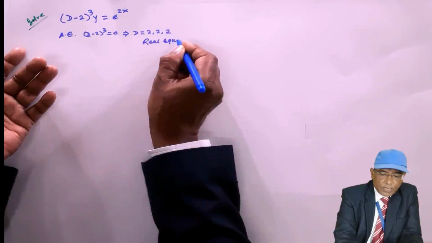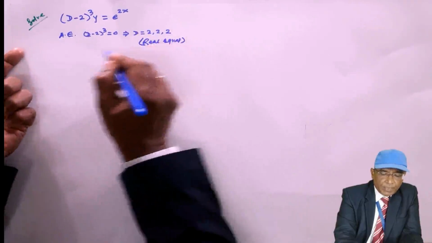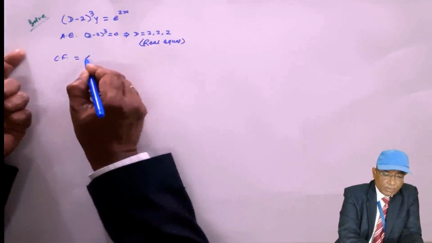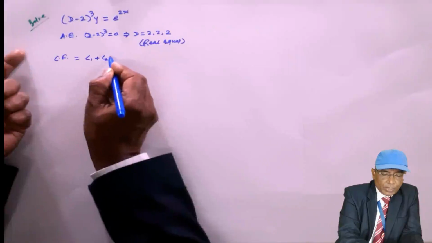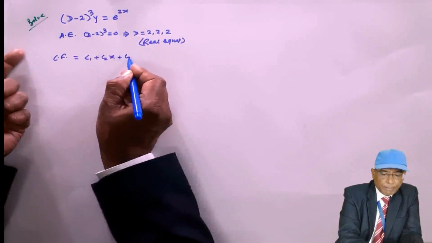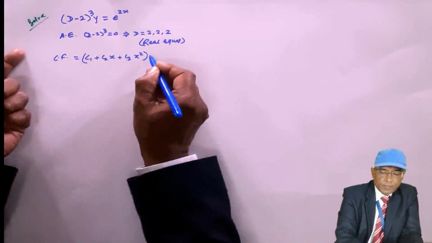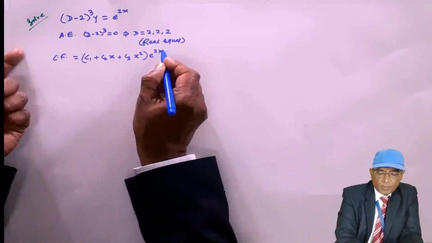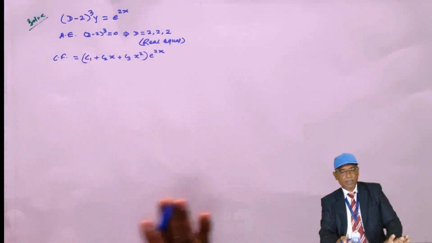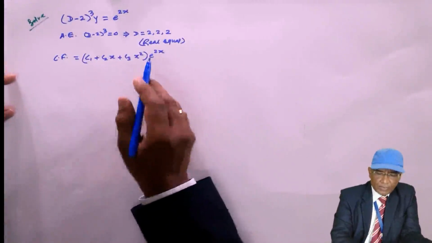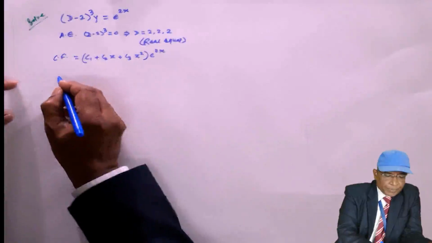If 3 values are real and equal, how do you write the complementary factor? For 3 real and equal values, it is (c1 plus c2x plus c3x square) e to the power 2x. The positions of c1, c2, c3 you can interchange. Okay, this is the complementary factor, and we have done sufficient practice on it, so I have written it very quickly.